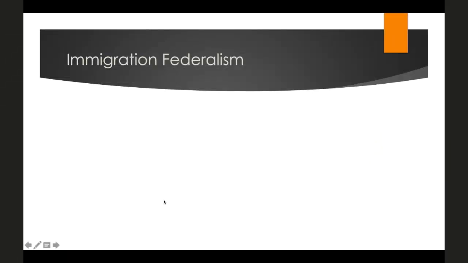Additionally, your supplemental reading for today also talked about differences in immigration federalism. And here the idea is that while we often focus on the level of the federal government, because the Constitution and the Supreme Court have upheld the federal government as the primary locus of immigration authority, your reading also focuses on how there are distinct measures at the states. On the one hand, since 2001, we have seen increasing restrictions at the state level.